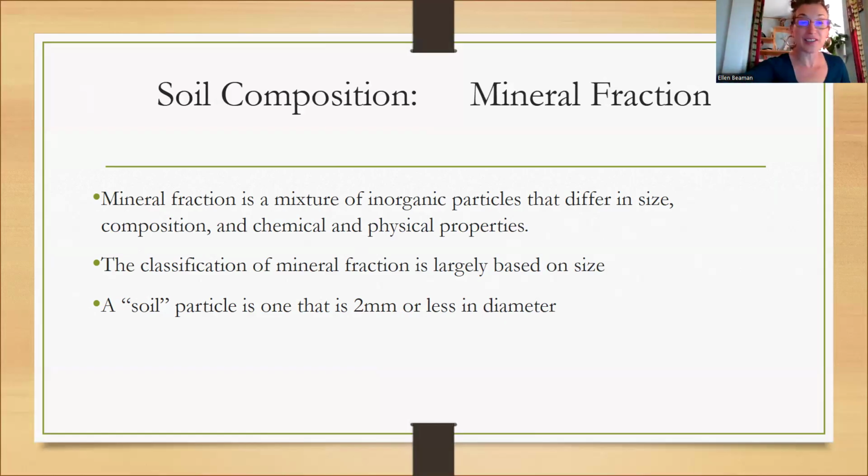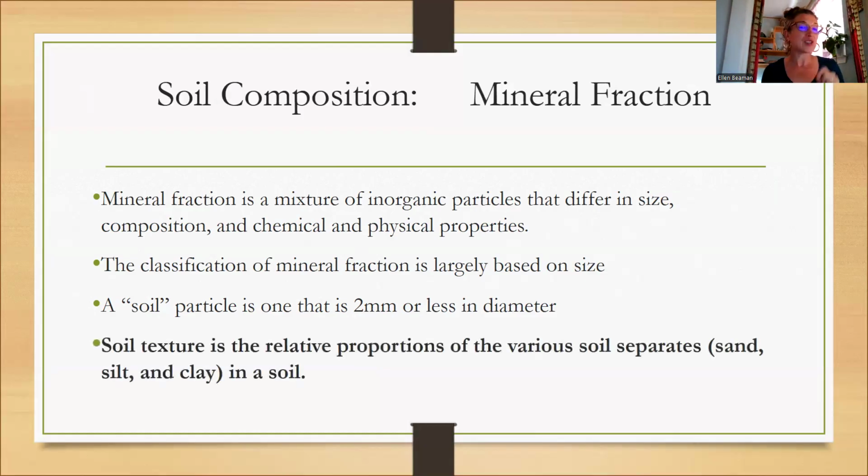It's essentially a grain of sand, which is literally what we're talking about here. So the soil texture is the relative proportions of sand, silt, and clay. Sand, silt, and clay are the three mineral soil separates, the combination of which will determine soil texture.